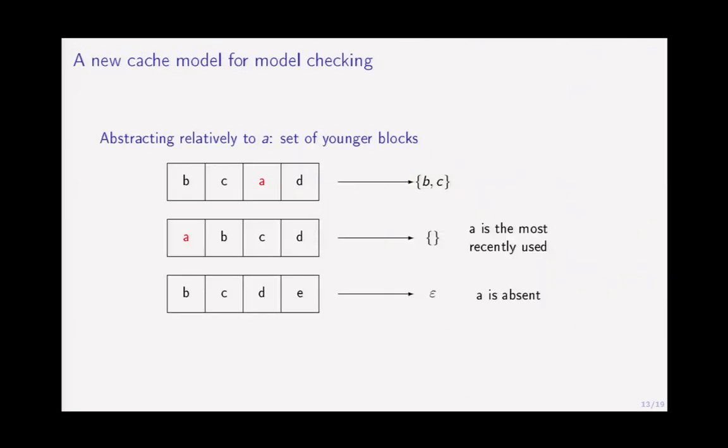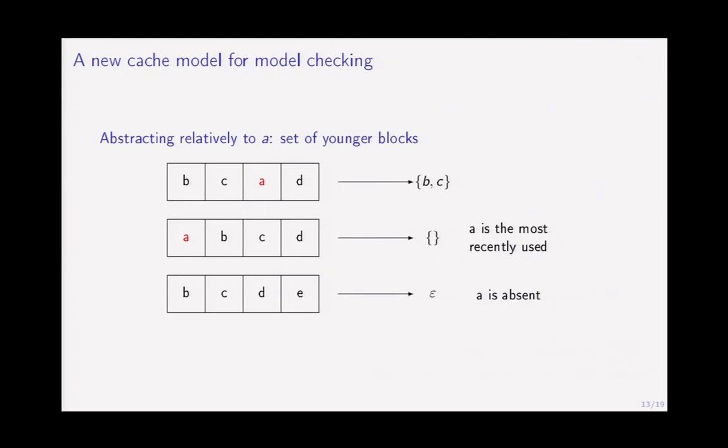But we run the model checker 1 time for every block that is left unclassified, and this allows us to make an abstraction that is very efficient for the model checker, because we only keep information that is useful to classify A as a hit or a miss. In the case of the least recently used policy, keeping the set of blocks that are younger than A is enough.